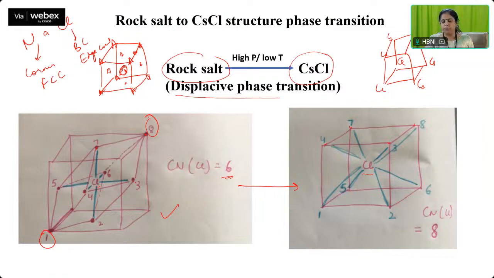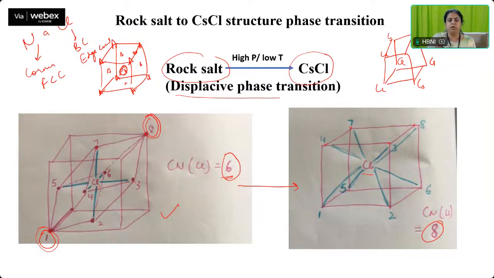But that has now converted to coordination number 8, because the sodium that was lying at position 8 and the sodium that was lying at position 1 have also come into its first coordination sphere, raising the coordination number from 6 to 8. So this is an example of displacive phase transition.